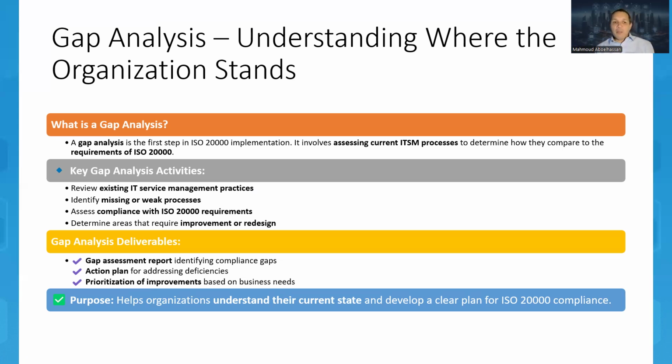The deliverables of gap analysis will be the gap assessment report, which contains the compliance gaps identified, and then we build an action plan to address these gaps and prioritize the improvements based on our business needs. So the purpose of gap analysis is to help our organization understand its current state and develop a clear plan for ISO 20000 compliance.